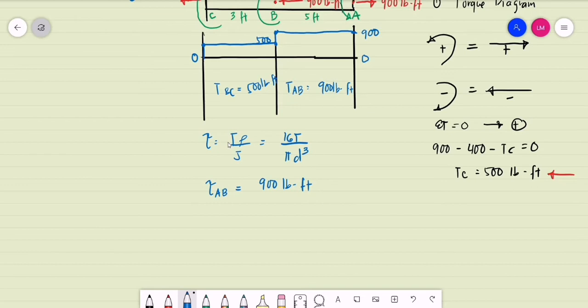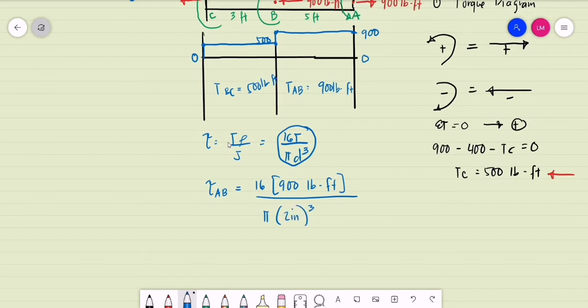Then multiplied by, we are using this equation instead. So this is 16 times the torque for segment AB, equal to 900 pounds-foot, divided by pi. We have a diameter of 2 inches raised to 3.